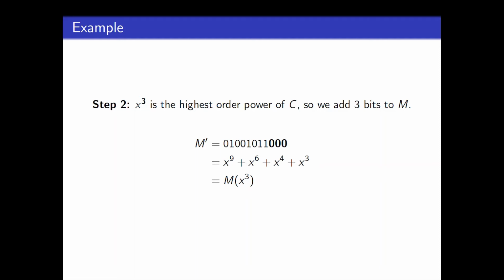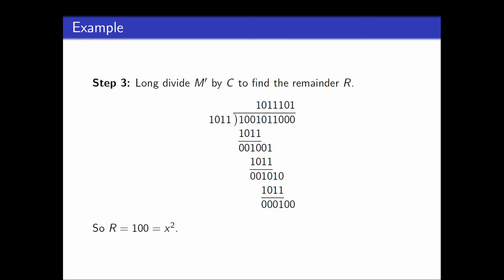Now, in terms of binary operations, this is accomplished by just doing a left shift by 3 bits. But the polynomial representation of this is the exact same as multiplying our polynomial by x cubed. Now that we have this lengthened message, we can do step 3 and divide out our message by our generator polynomial.